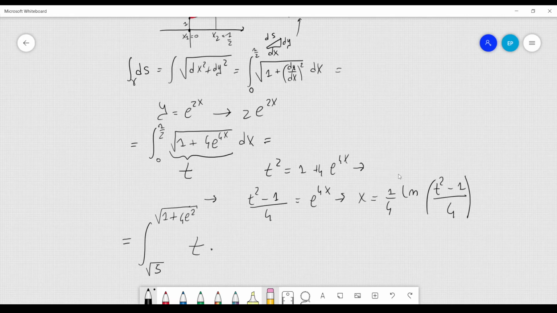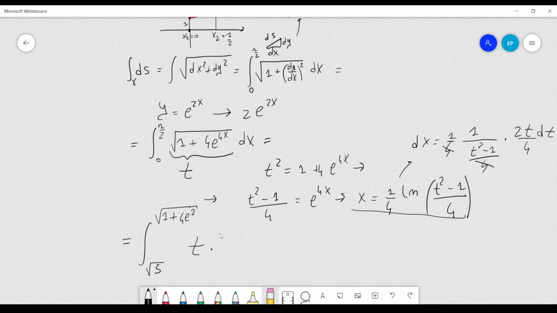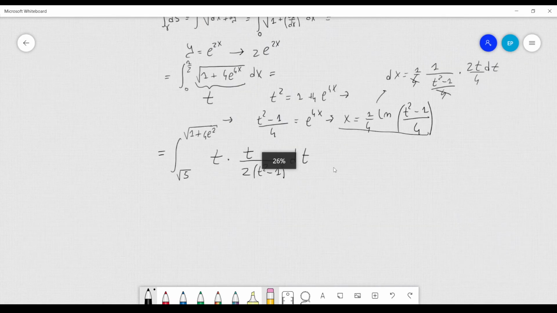What is dx? We have to find the differential from here, so dx is equal to 1 over 4 times 1 over t squared minus 1 over 4, times 2t over 4 dt. So we can get rid of this, and here we get t divided by 2 times t squared minus 1 dt. So this is what we find.